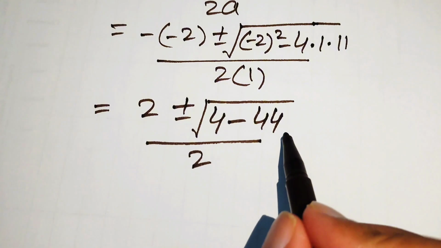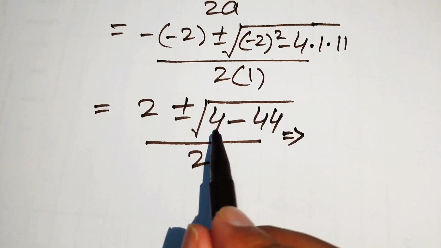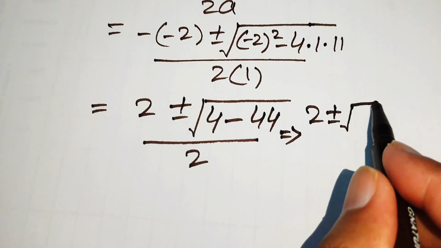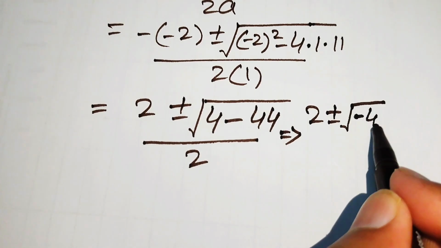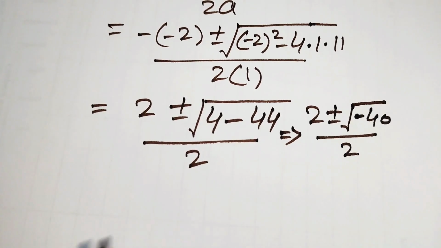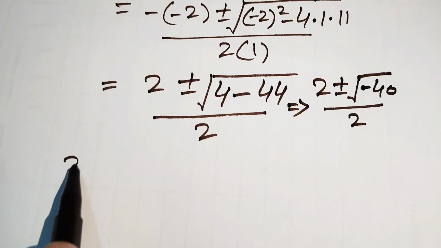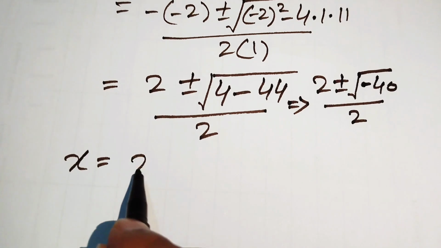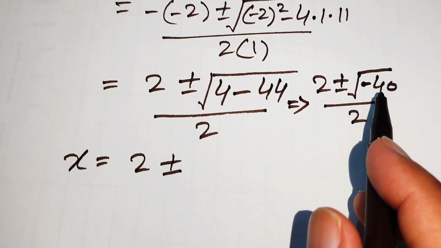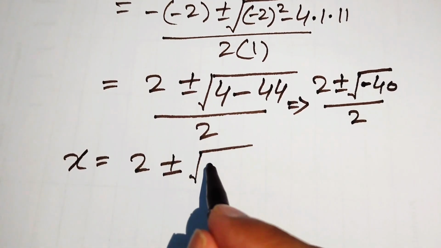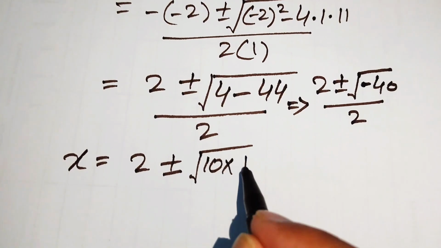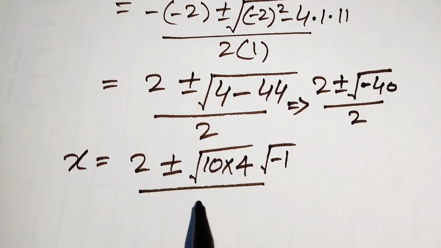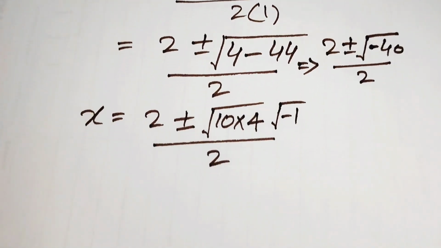Here we just subtract 44 from 4 and it will be written as 2 plus minus square root of minus 40, divided by 2. Now we rewrite this as 2 plus minus, and here you have 40, and we write this 40 as 10 times 4, and we write the square root of minus 1, divided by 2.